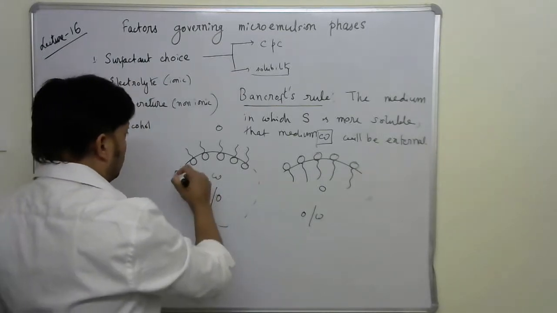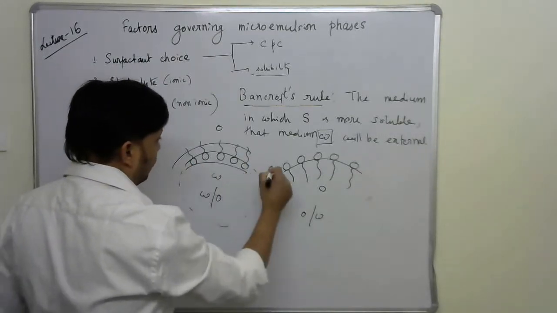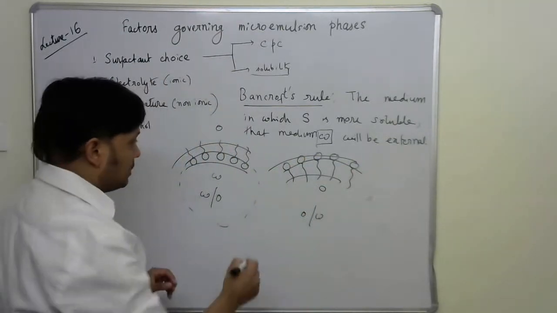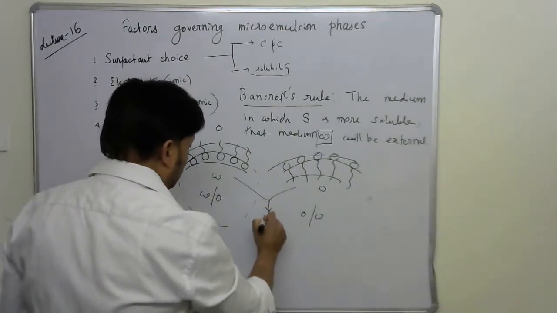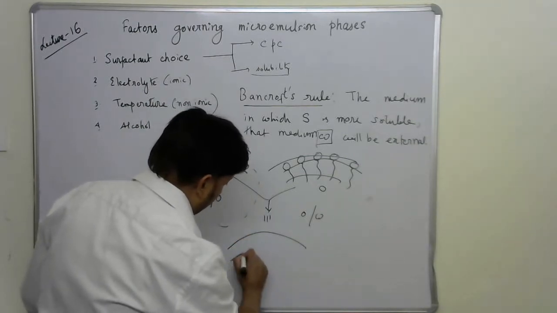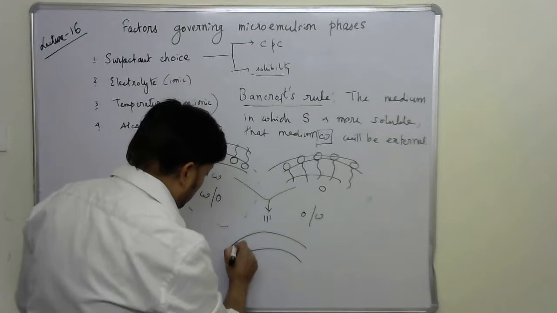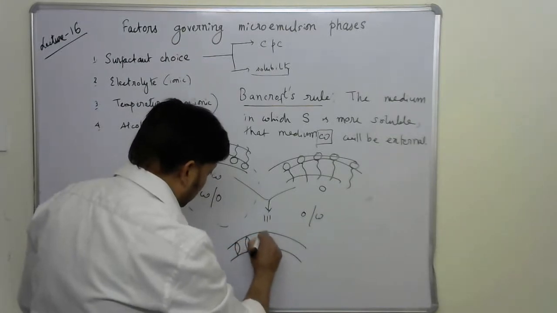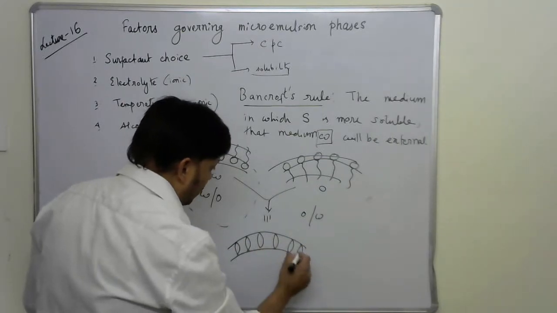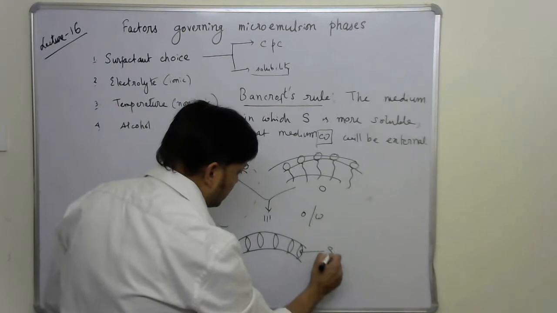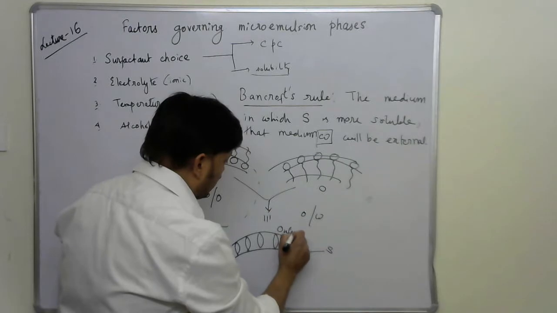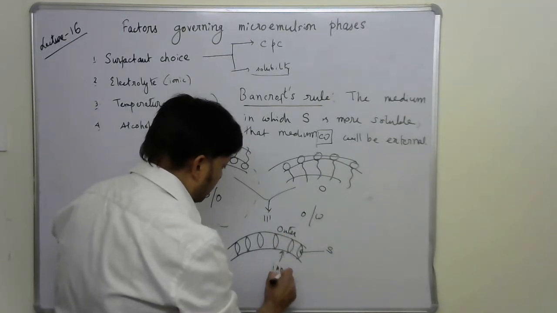We can take this segment and imagine these two segments represented like this, as a curvature. In the middle we have the surfactant layer. Here we have the outer curvature, and here we have the inner curvature.